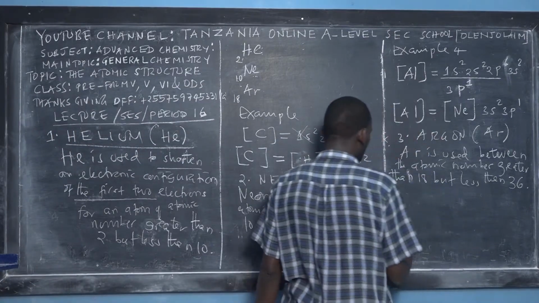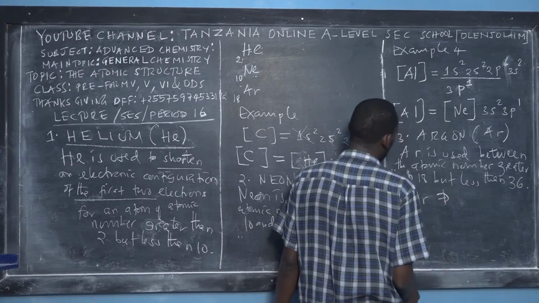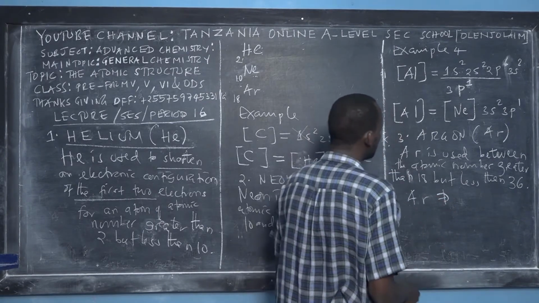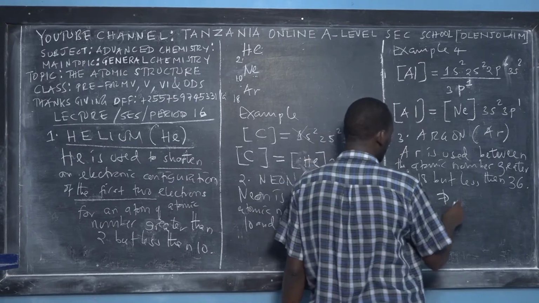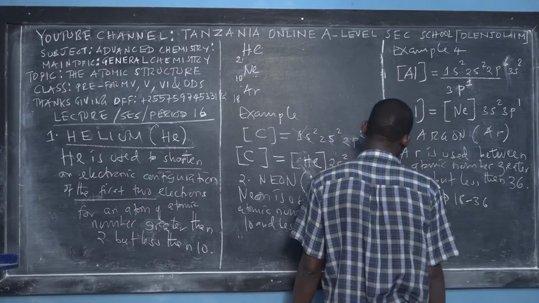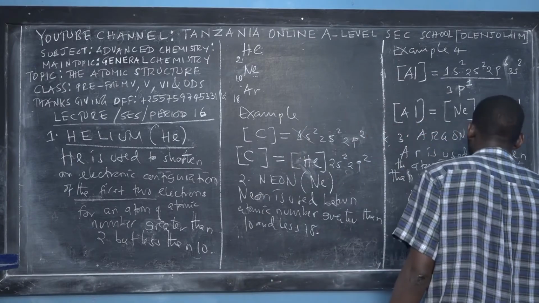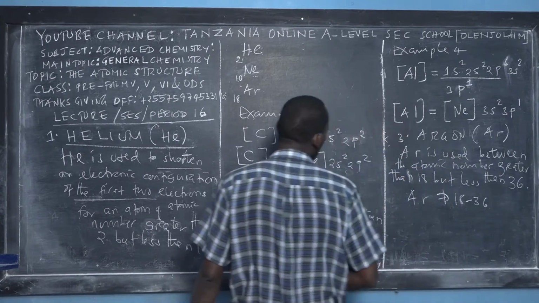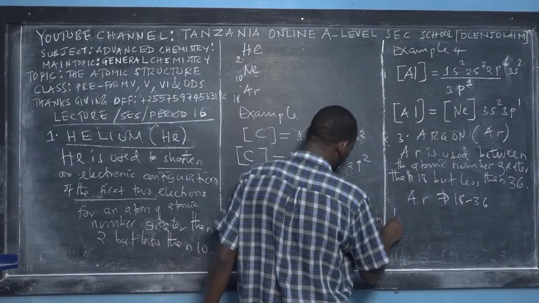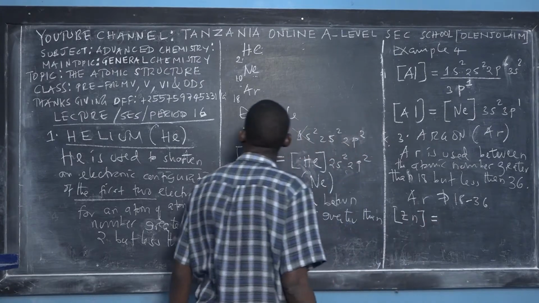So the range of argon will be from 18 to 36.